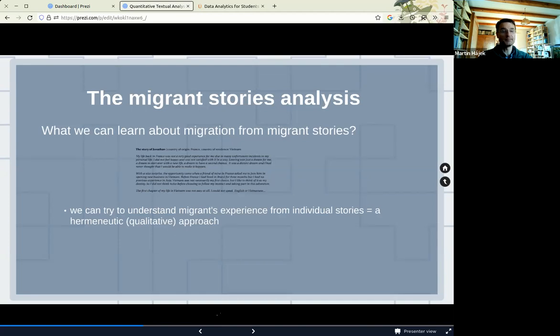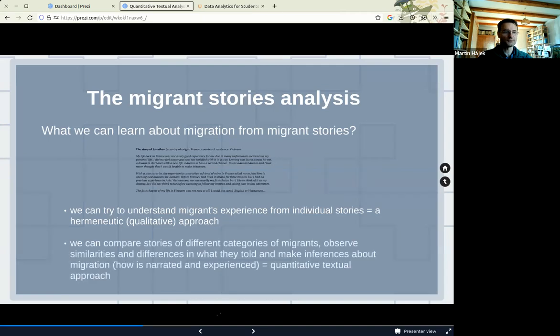This would be a hermeneutic or qualitative approach. Hermeneutic in the sense of interpretation of human experience that is somehow expressed through the narrative.